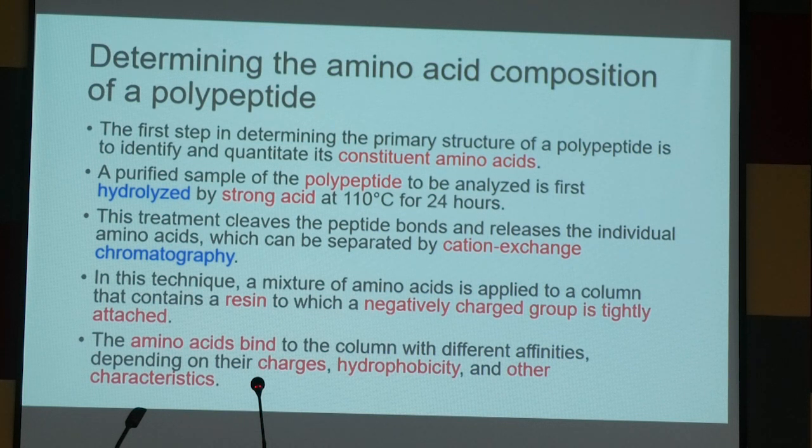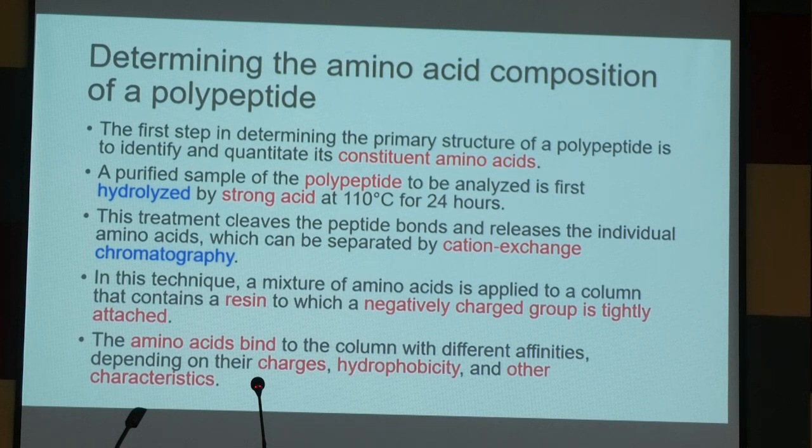So after the polypeptide chain is broken down into all its component amino acids, we use a technique called chromatography. There are different kinds of chromatography. Here we are using ion exchange chromatography.